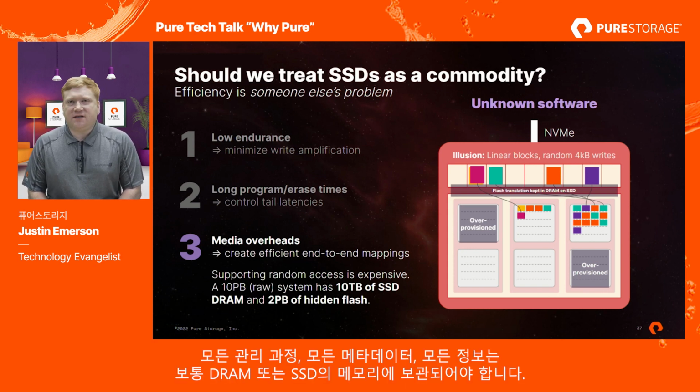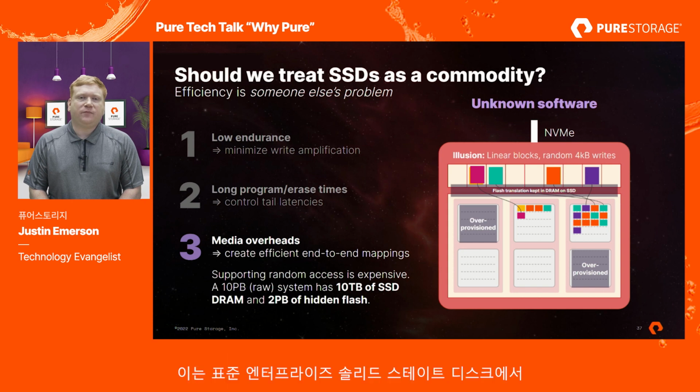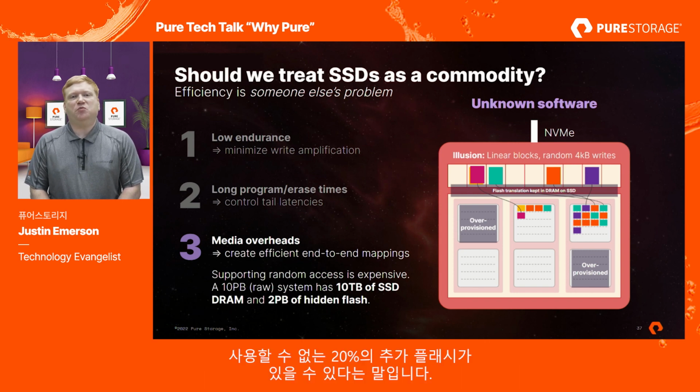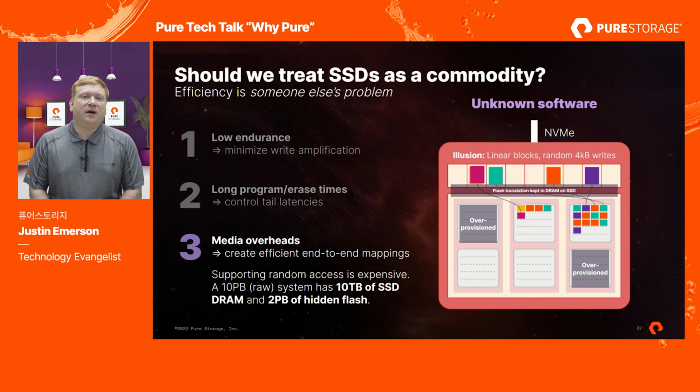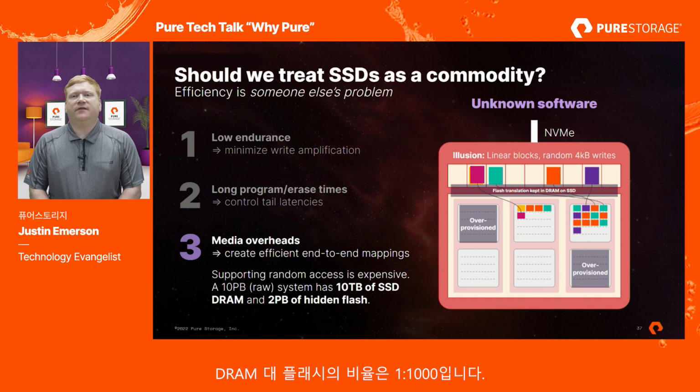And all of this management, all of this metadata, all of this information has to be kept in, generally, DRAM or memory on the SSD, which means that in a standard enterprise solid-state disk, there may be 20% extra flash that you can't use, and a 1 to 1,000 ratio of DRAM to flash.